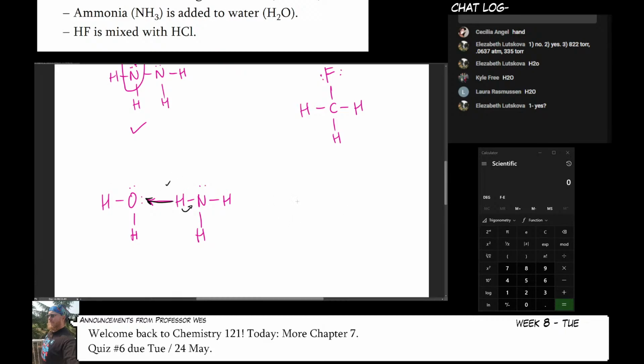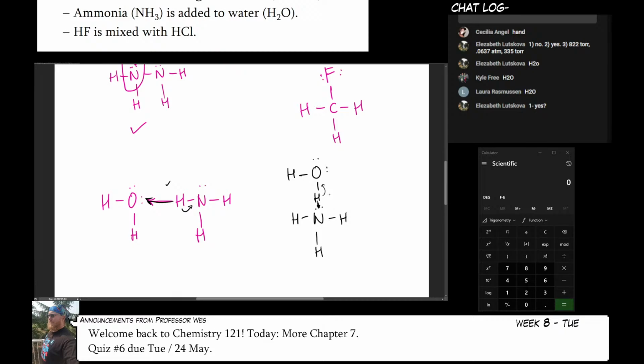But I could also do this. And you can rotate these however you want to. Where my hydrogen is bonded to an oxygen and is pointed at the electron pair on a nitrogen.